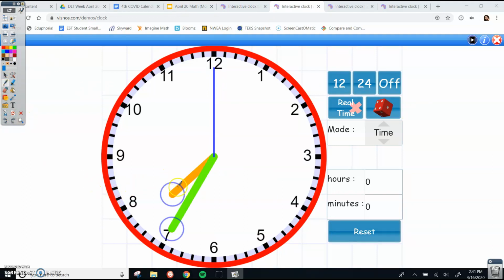Once again, we have our hour hand and our minute hand. This arm right here is usually seconds. So 60 seconds equals 1 minute. By the time this hand gets all the way around, it will be 60 seconds.